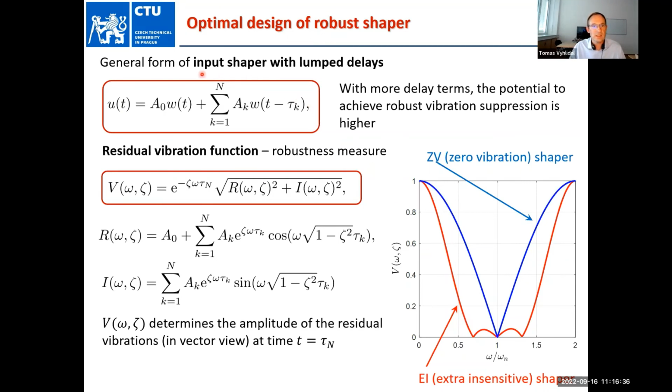Typically the structure is extended to a multi-delay problem, and we can have, for example, zero vibration derivative, so we assign a double root at the flexible mode, or the extra insensitive shaper. This is the magnitude of the residual vibrations which we can observe if we have a mismatch between nominal and true frequency.